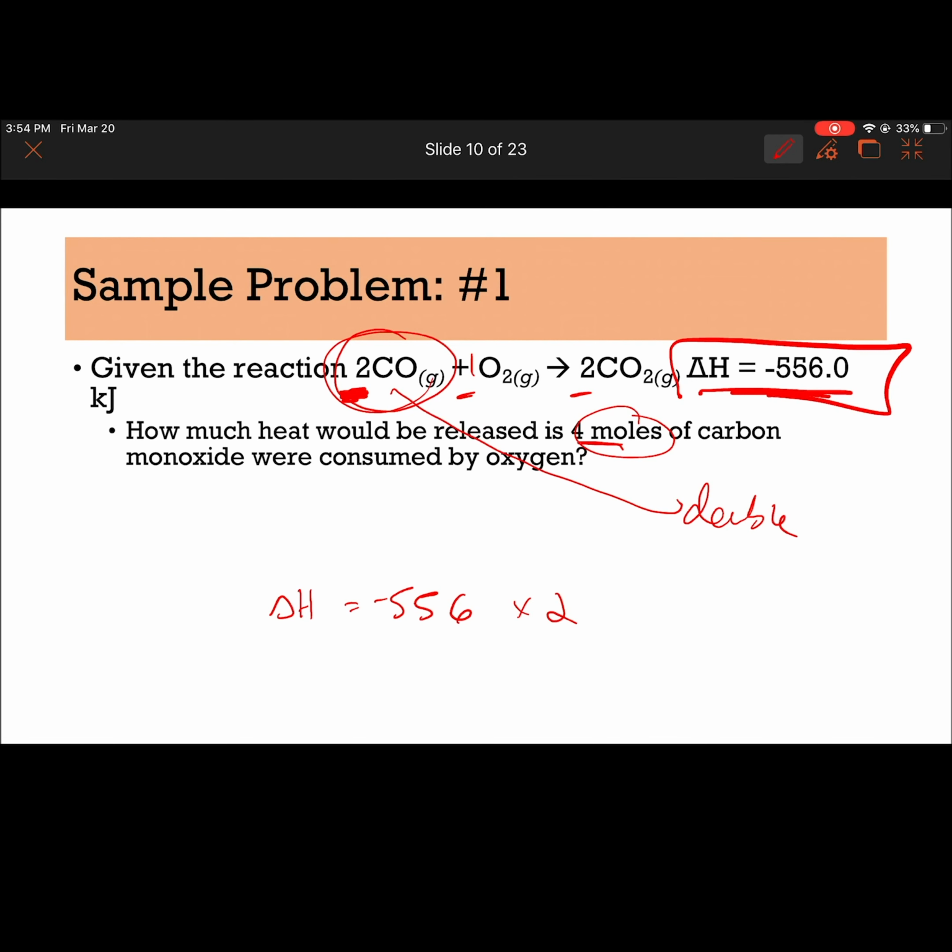Let me take out my calculator. 556 times 2 equals, so your delta H is negative 1112 kilojoules. Now that we've doubled the reaction, we didn't do anything to the sign, we just doubled the amount. So if you're doubling the reaction, you're doubling the number.